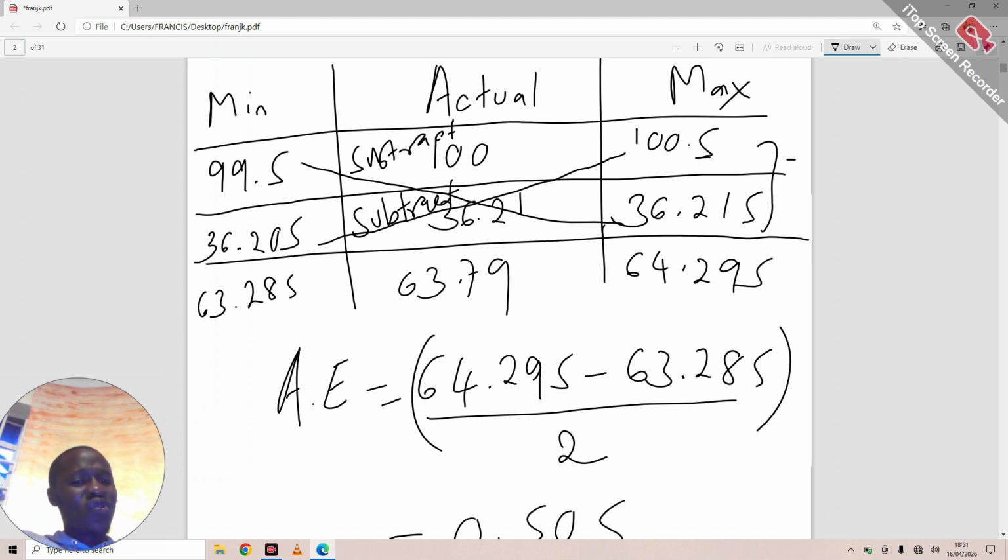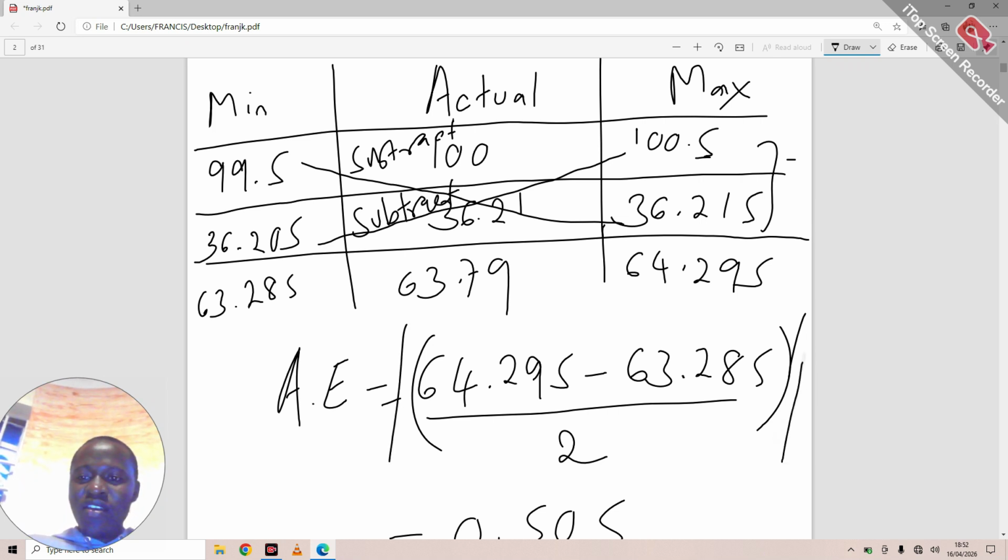Like, someone can take 100 minus 36.21 to get 63.79, but it will be quite impossible taking 36.21, you subtract 100. You will end up with the negative, even though those negatives can be made absolute. I mean, you can just have that slash symbol and an examiner will understand, but that is not necessary in some cases.